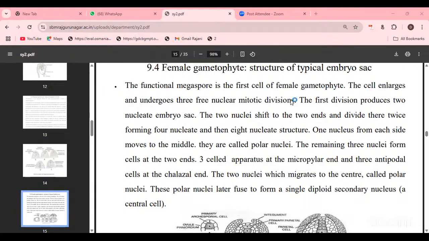The cell enlarges and undergoes three free nuclear mitotic divisions. The first division produces a two-nucleate embryo sac, and the two nuclei shift to the ends.